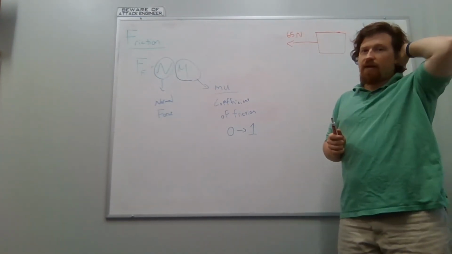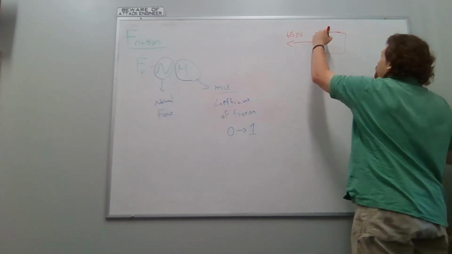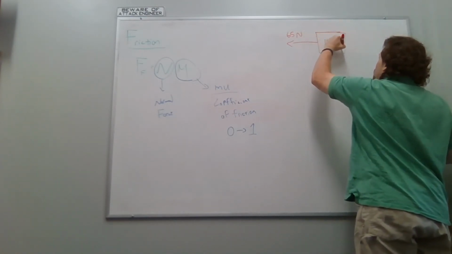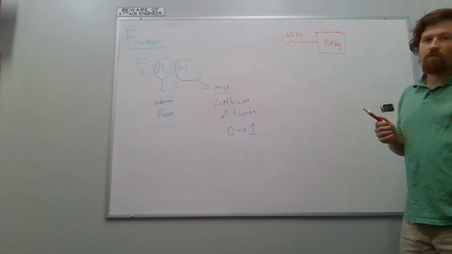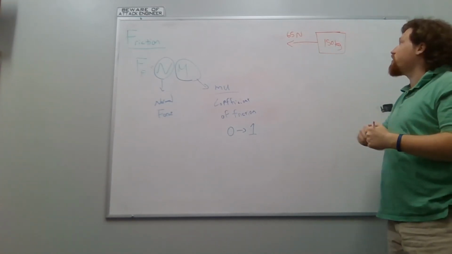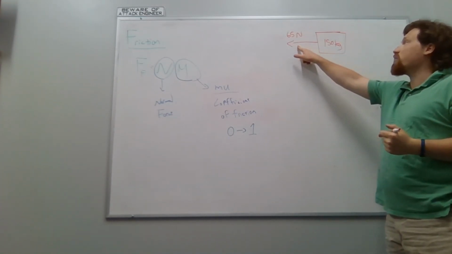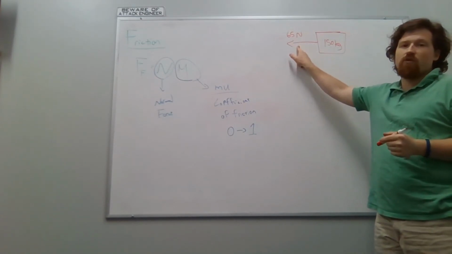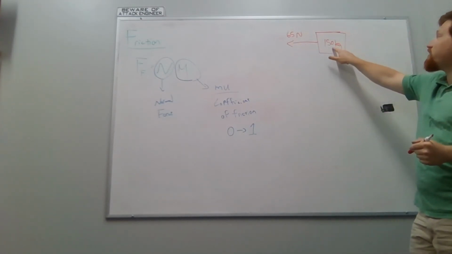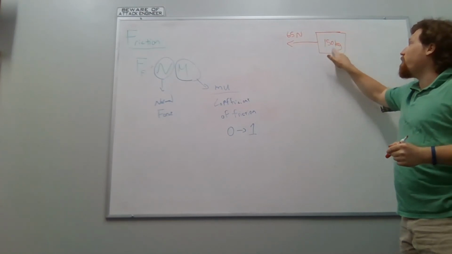The buggy has a mass of 150 kilograms. So, we know the force being applied forwards on the buggy. The horse is pulling it forwards with this force, and this is the mass of the buggy.